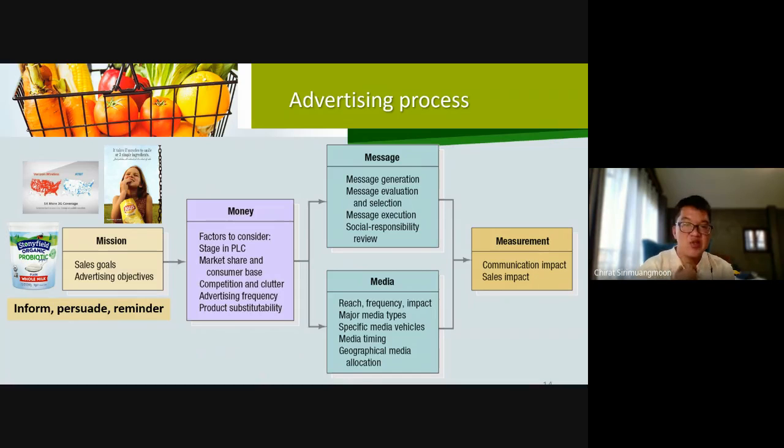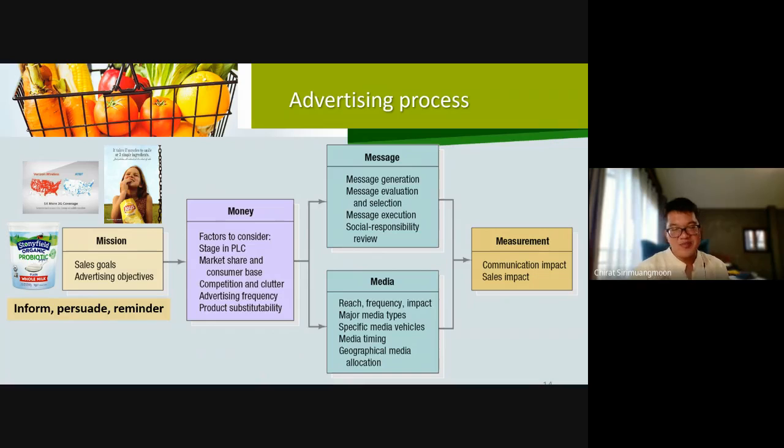But the money that you should have must be high too. Then competition. With high competition, the amount of money that you need to use is a lot too. Clutter. Clutter means grouping. So if your products or your competitors are grouping, you need to fight with them a lot. So your money should be high.